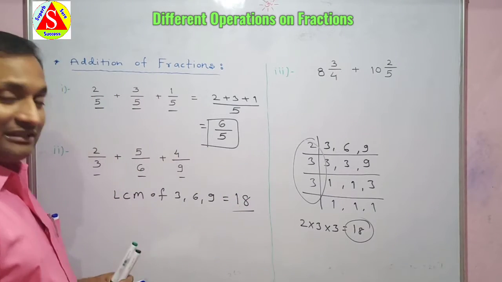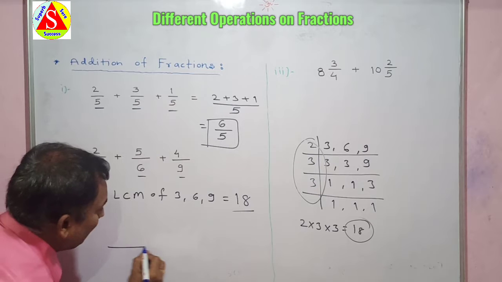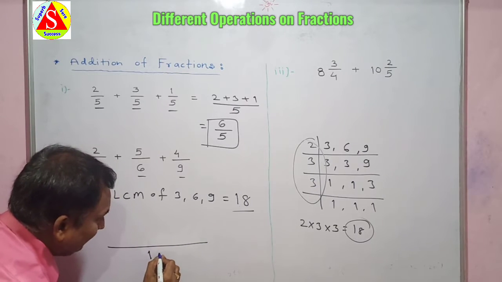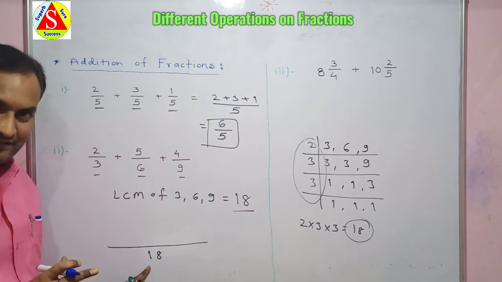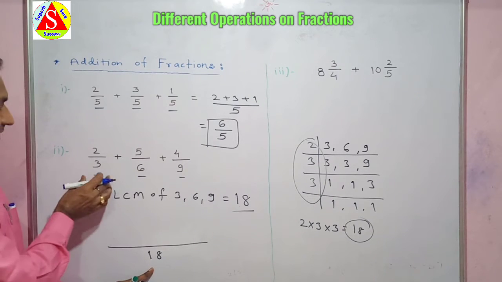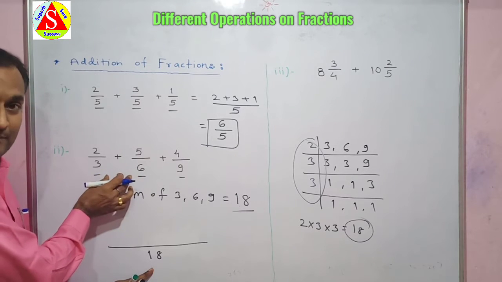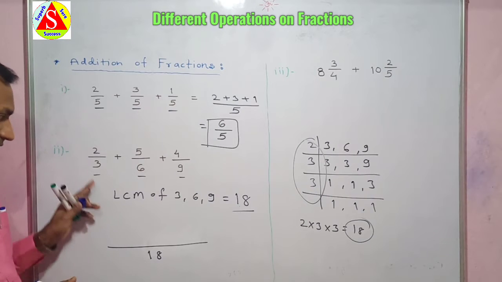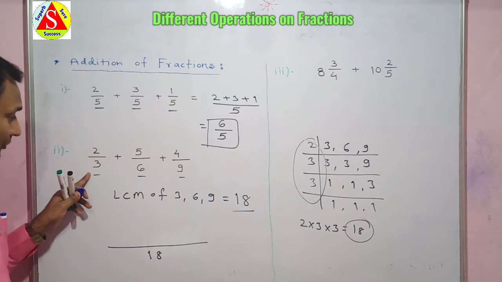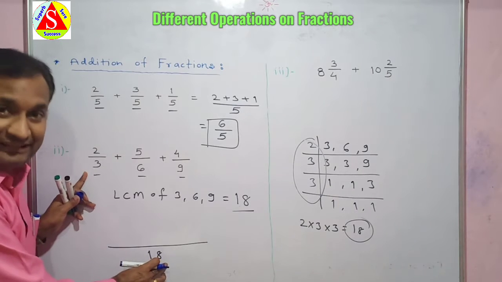So dear students, what will we do after this? When we simplify it, you write the LCM term in the denominator. Here it is 18. Now dear students, just see the question. Here we have 3 terms, so individually we will take each term. In the denominator we have 3, but our LCM is 18.